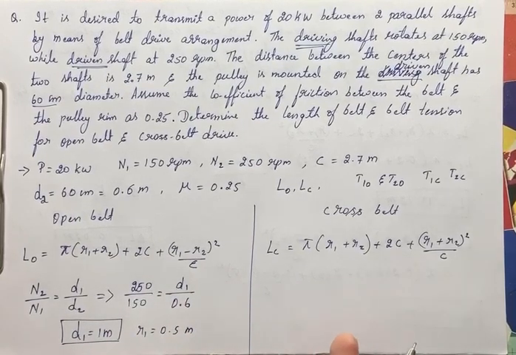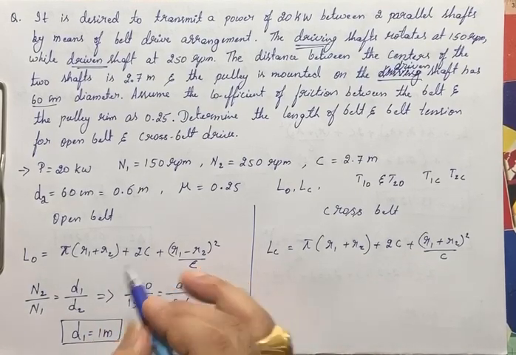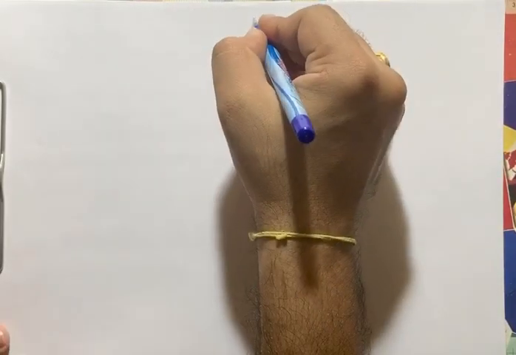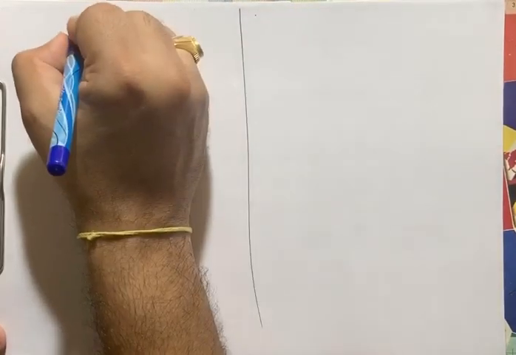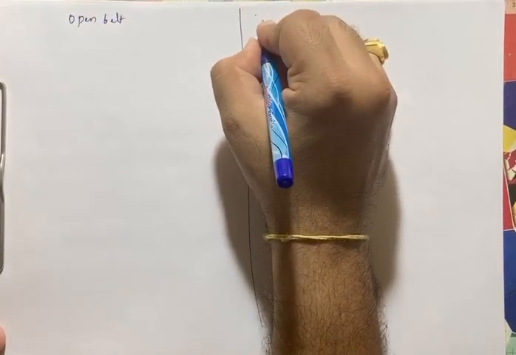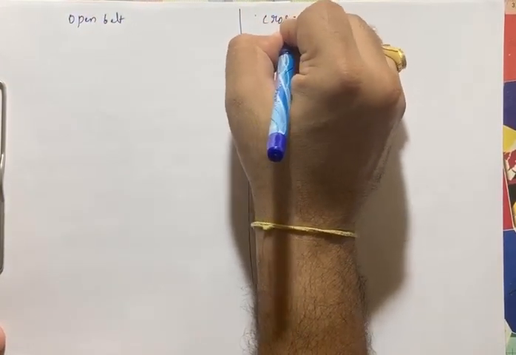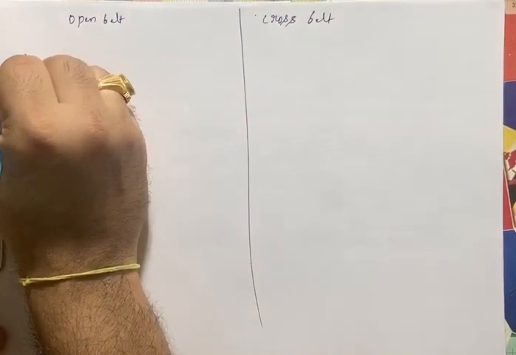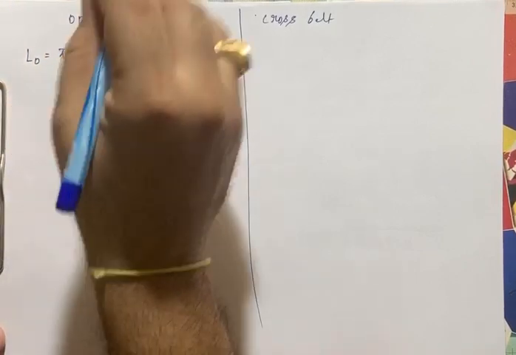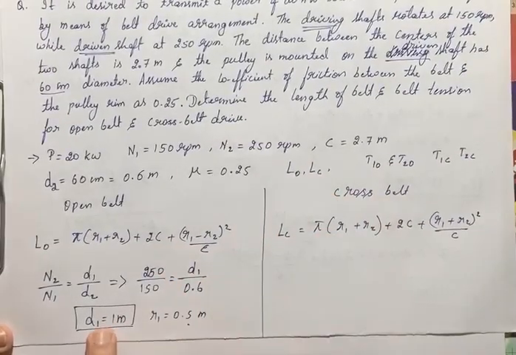The same thing we can follow for a cross belt drive also. Now we have R1, R2 and the C value, so I can find the length of an open belt drive. I'll write it here, making two halves: open belt, and this one the cross belt drive. Now LO, the length of an open belt drive, is pi into R1 plus R2.